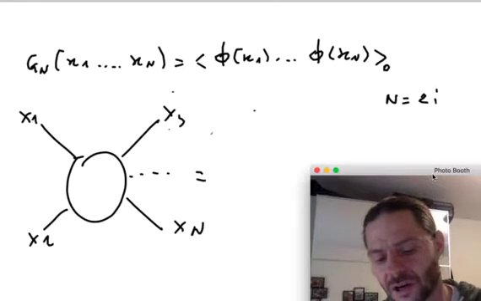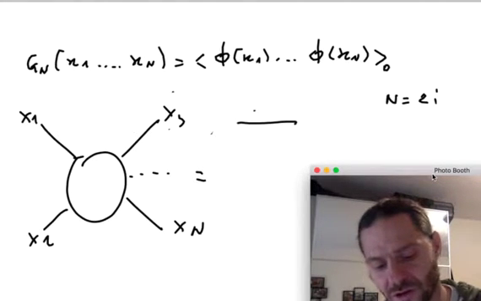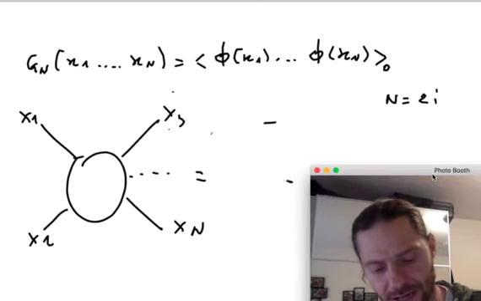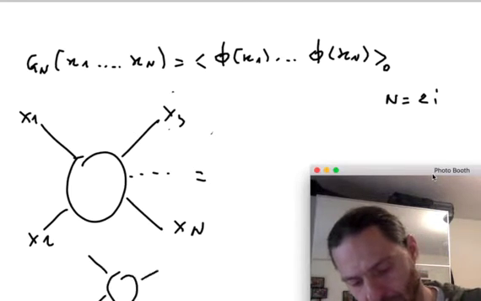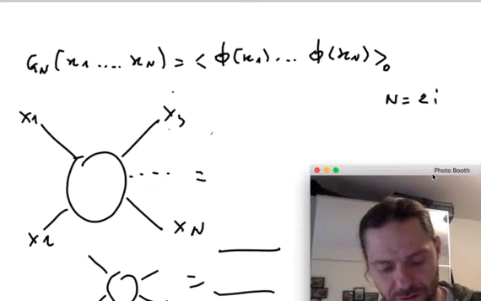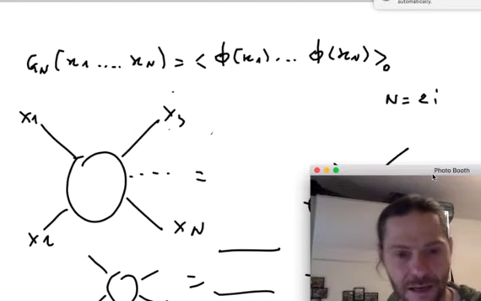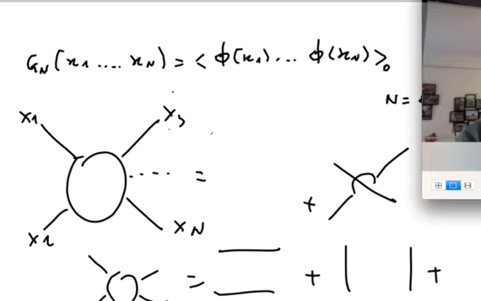So for instance, the 4-point correlation function, which is the one that we evaluated last time, gives rise to 3 different diagrams. By disjoint here, I mean that these lines do not touch.